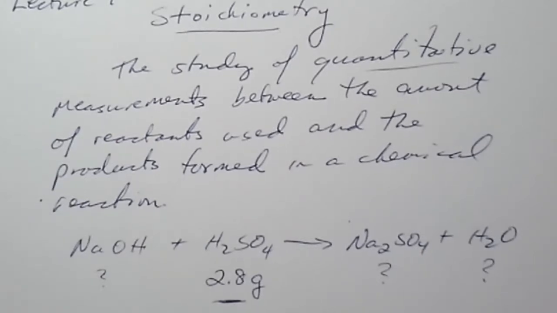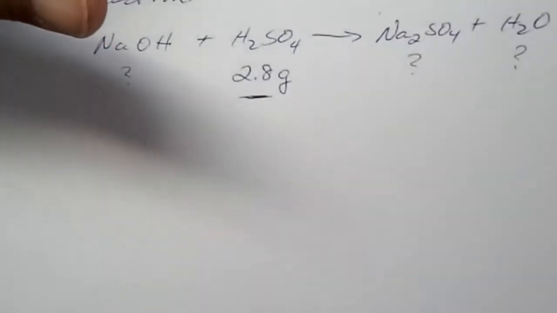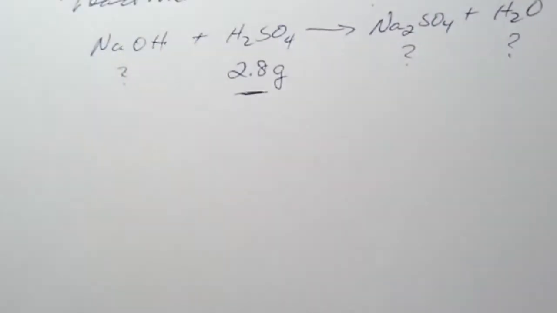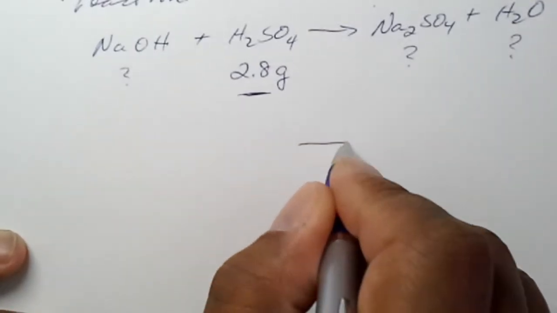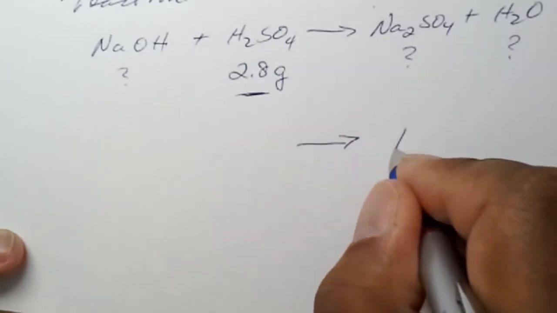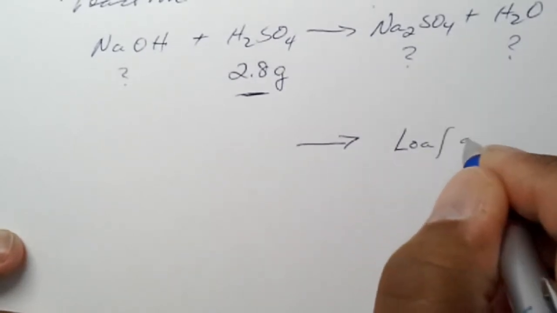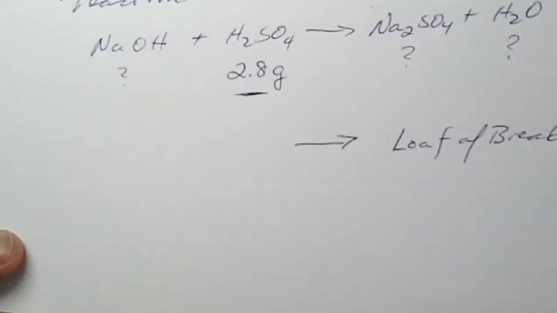Alright, let's look at stoichiometry simply. And I think I used this example in class. If I'm going to make, as part of my product, a loaf of bread, one loaf of bread, okay?